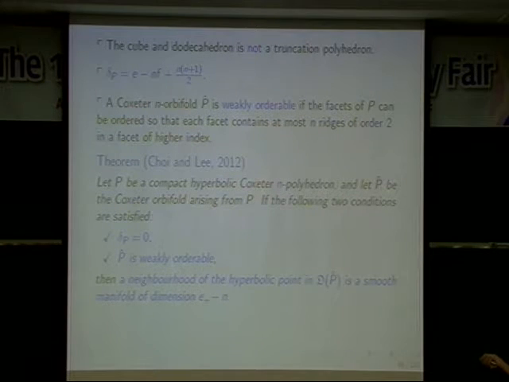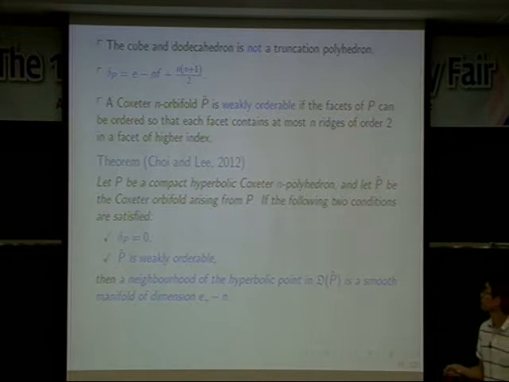And the recent result is that if P is a compact hyperbolic Coxeter n-polyhedron, and P hat is the Coxeter orbifold arising from P, and if the following two conditions hold, first, delta P is equal to 0, and second, P hat is weakly orderable, then the neighborhood of the hyperbolic structure in the deformation space is a smooth manifold of dimension E plus minus 3.